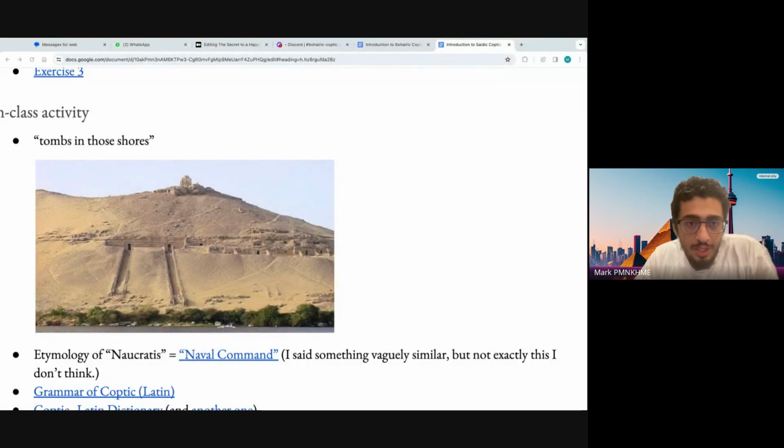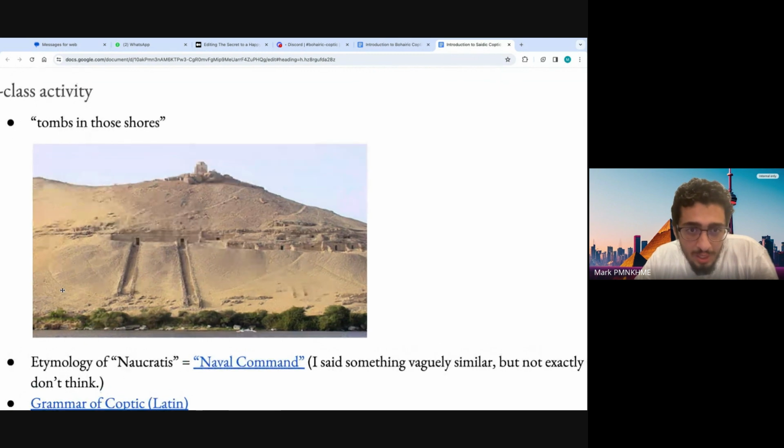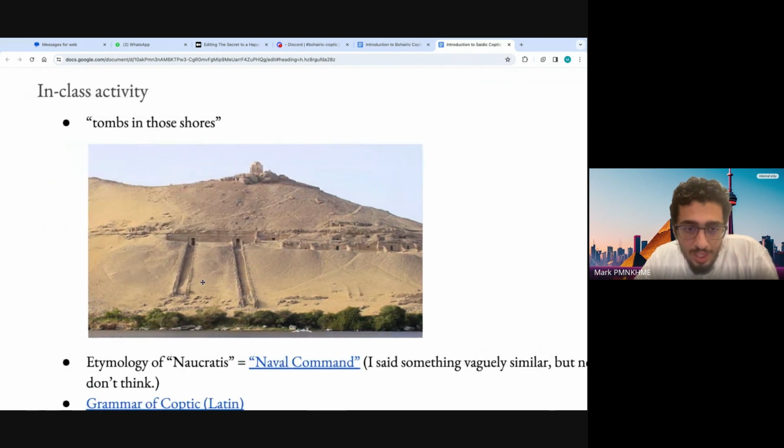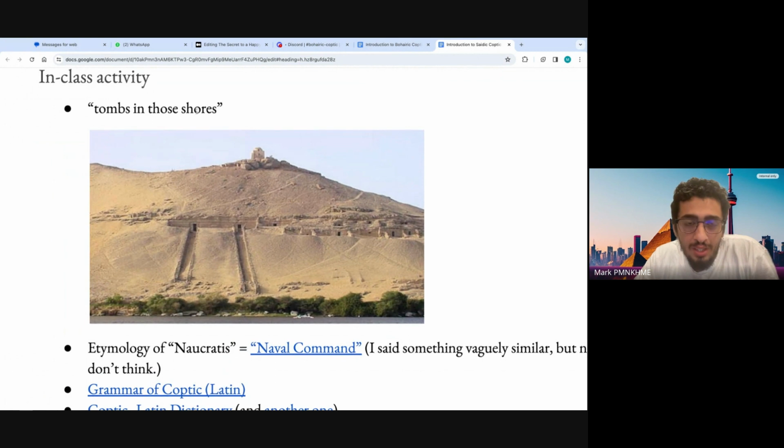So this is someplace in Egypt where you do see the Nile. So that's why I thought the banks would be fine. And yeah, it does mean shore, I think. And then you actually have tombs on the shore. So I just thought it's pretty cool that the words they use are not super random.